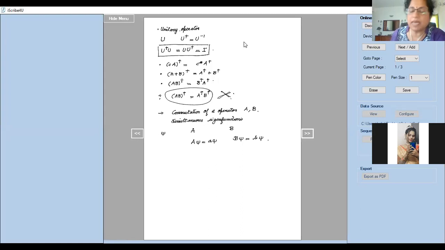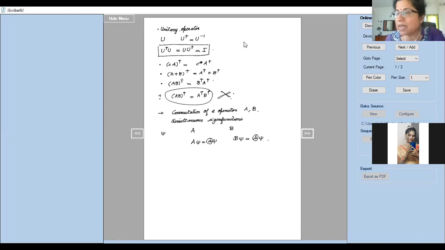Please remember this number a and this number b are of course not equal. They may not even be the same dimension. For instance, A could be an operator for position and B an operator for energy. So a will be a number which gives you position, in length, while b will be an eigenvalue for energy, in dimensions of energy.